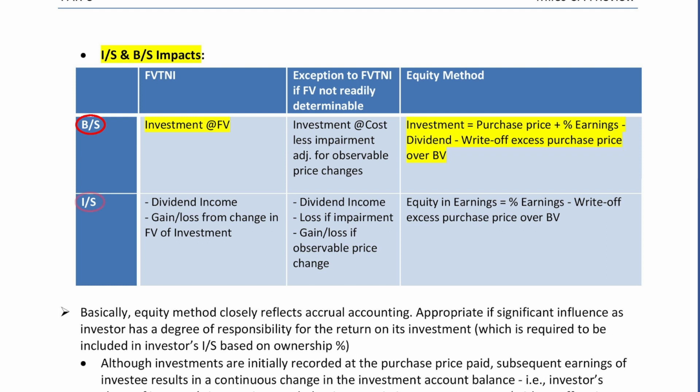Next, circle income statement. So under the fair value through net income method, on the income statement, we have dividend income and gain or loss from a change in the fair value of the investment. So if the fair value of the investment increases, that's a gain on the income statement. If the fair value of the investment goes down, that's a loss on the income statement under the fair value through net income method.